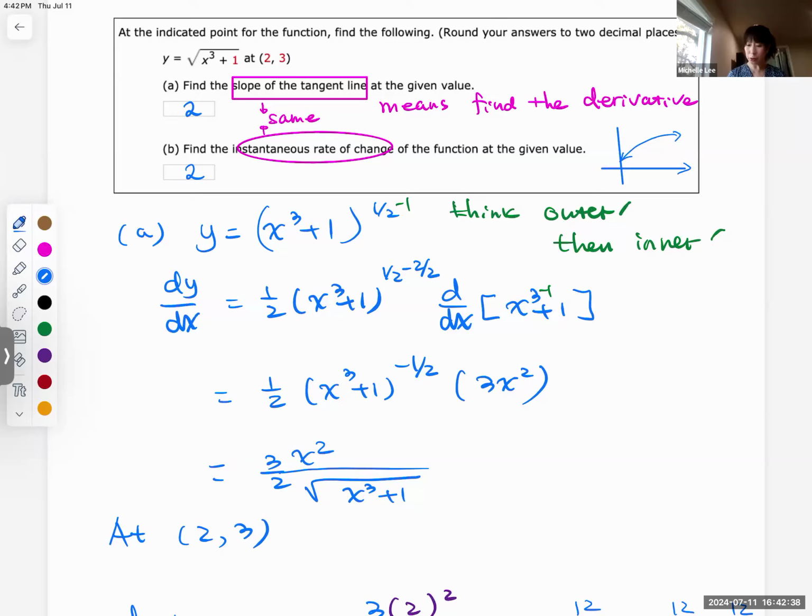And then at 2 and 3, right? This is 3. At this point, we want to know about the slope. This slope is 2, which is the same as the instantaneous rate of change. Make sense?